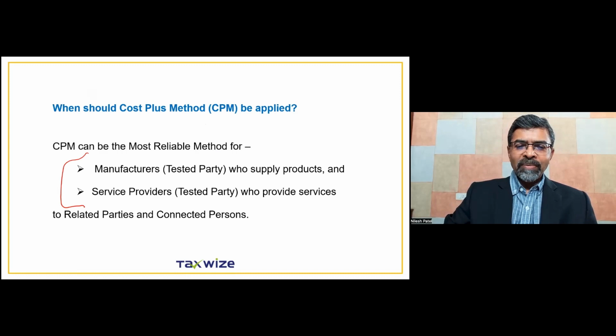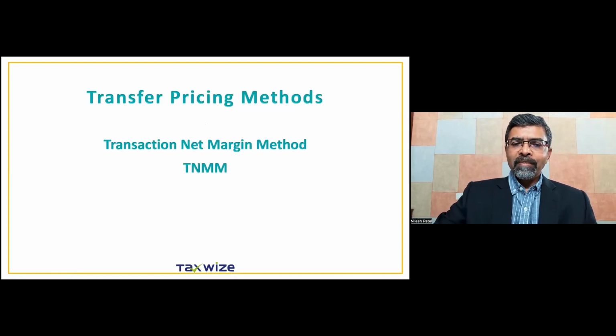I've explained this. Then we have transactional net margin method. Here, instead of gross profit or gross markup, which is used in cost plus method and resale price method, in TNMM, we use net profit margin.